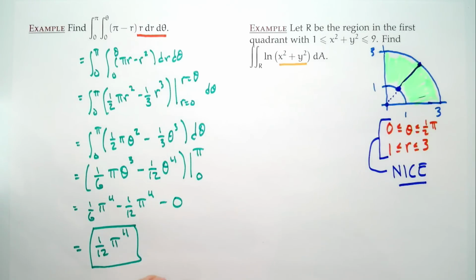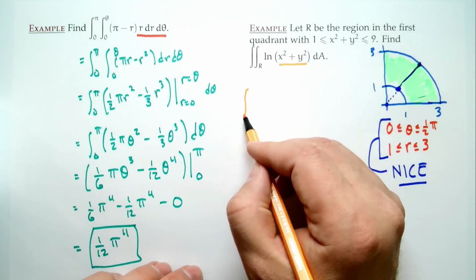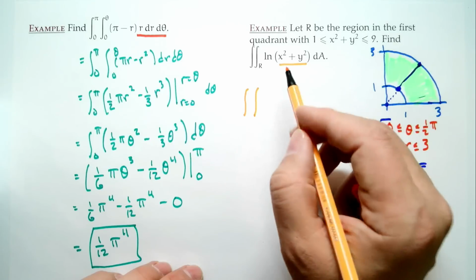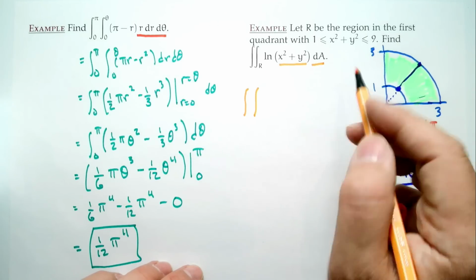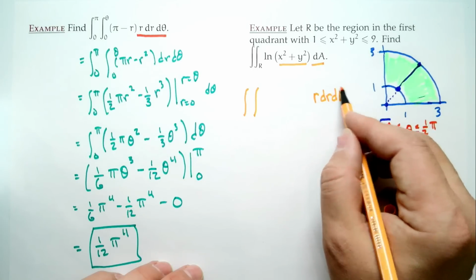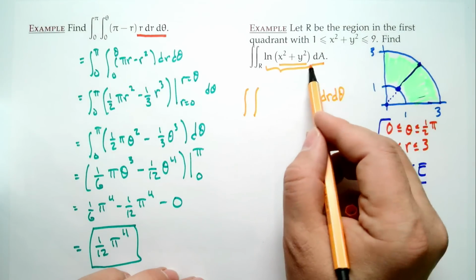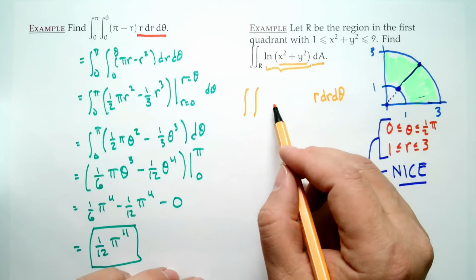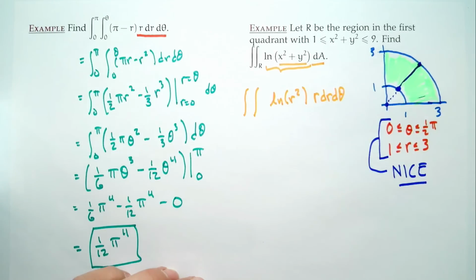So let's think about how we write this integral. And remember, every integral has 3 pieces. The region R, the function, and how we break up. Now we said we're going into polar, so that says the way we break up is r dr d theta. All right. How about the function? Well, log of x squared plus y squared will become log of r squared.